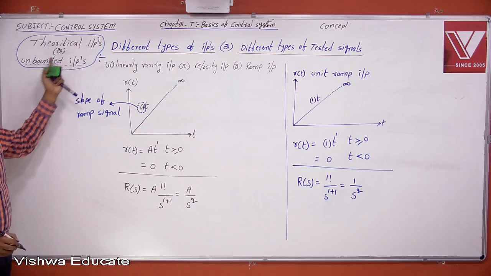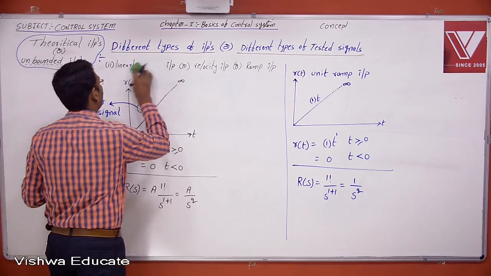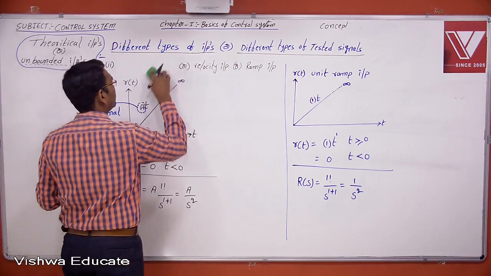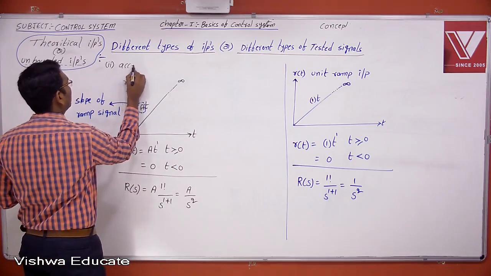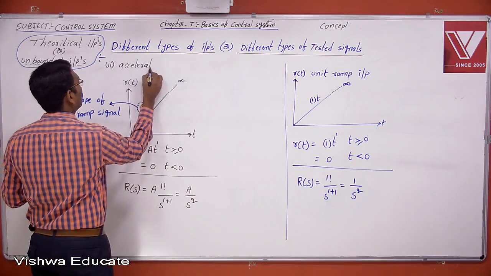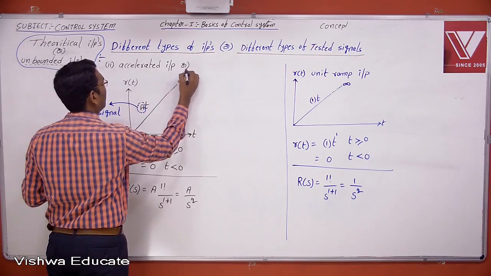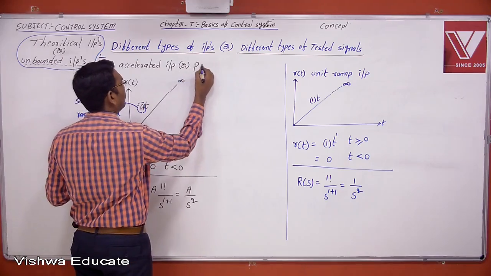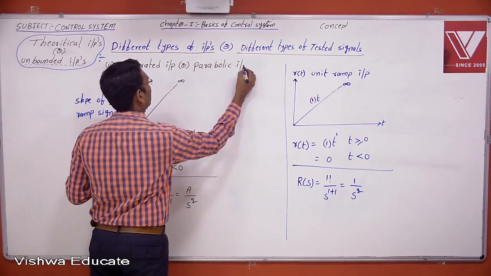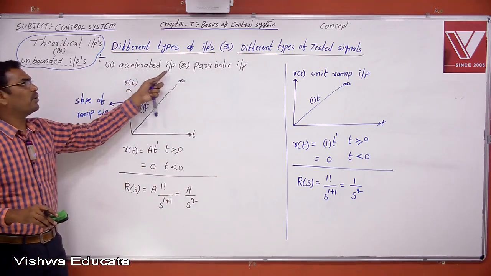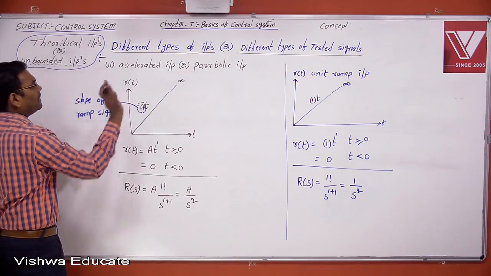In that, this is the accelerated input, or mathematically it is called the parabolic input. This is the accelerated input or parabolic input. This is also an unbounded input, only a theoretical input.